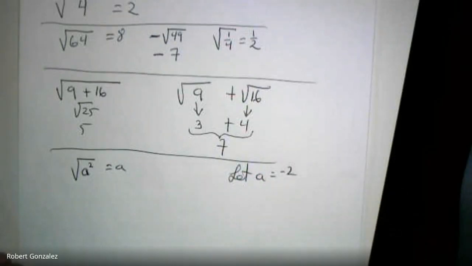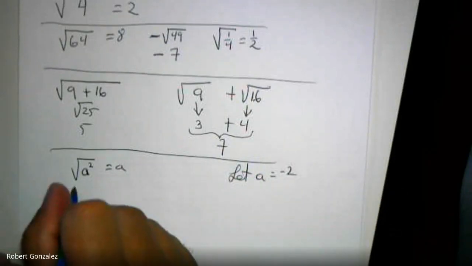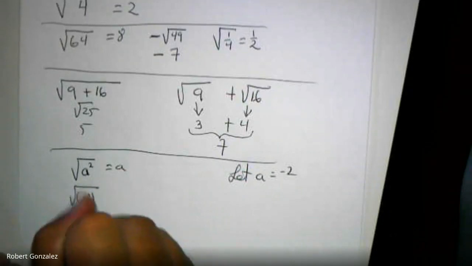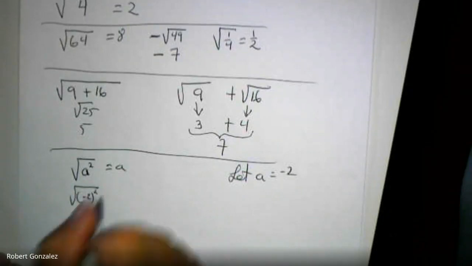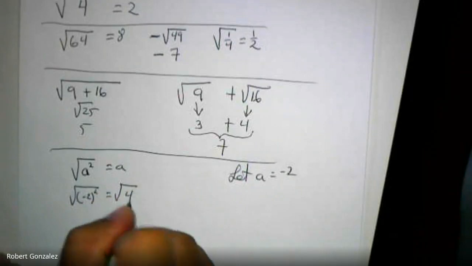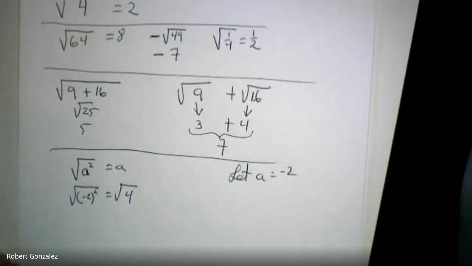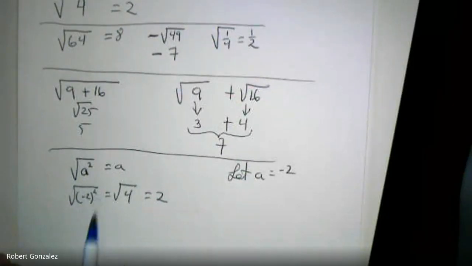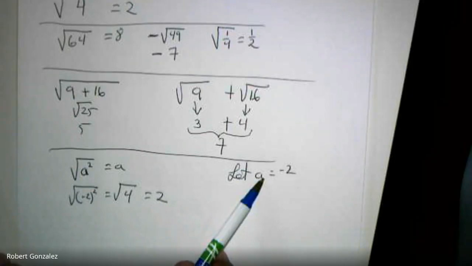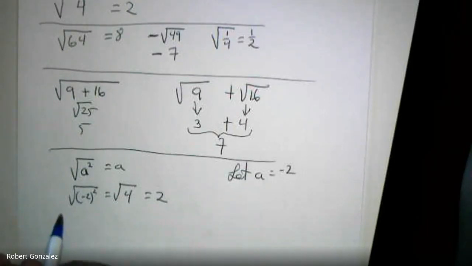And let's see what happens. So radical -2 squared, well, it seems like it should be radical 4. And we know radical 4 equals 2. See, I squared the inside first. But wait a second, this is not the same as A. Something's wrong.